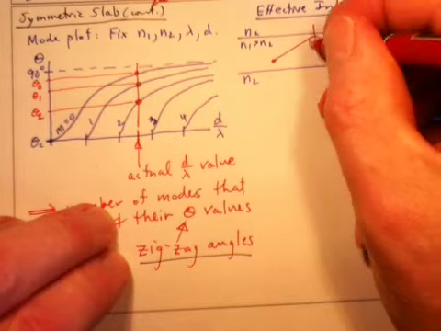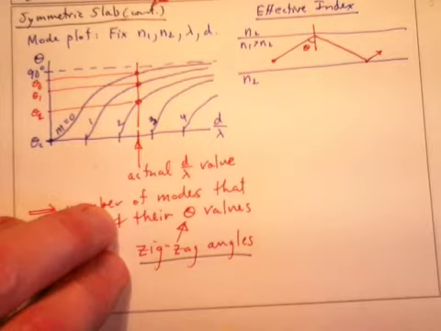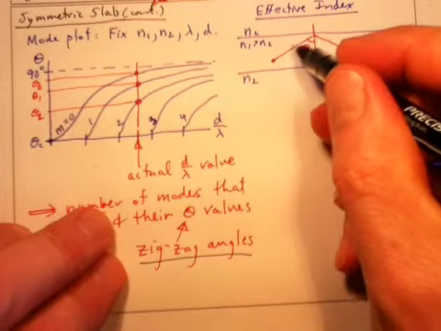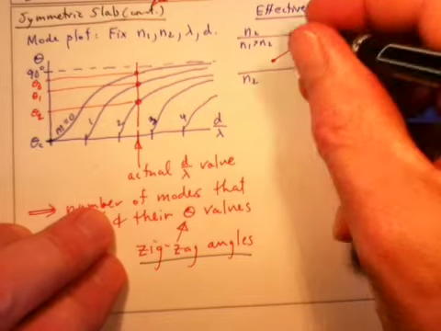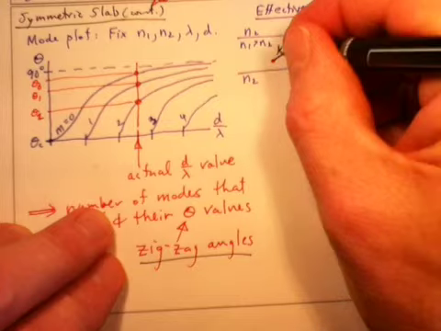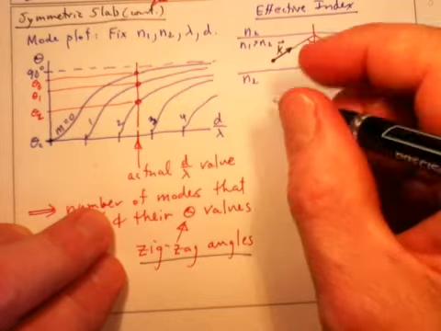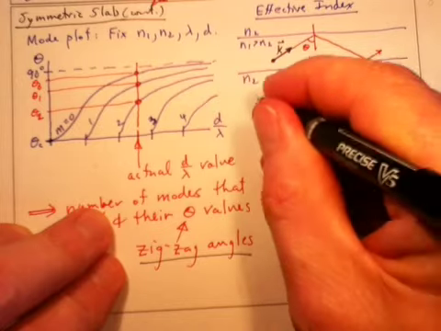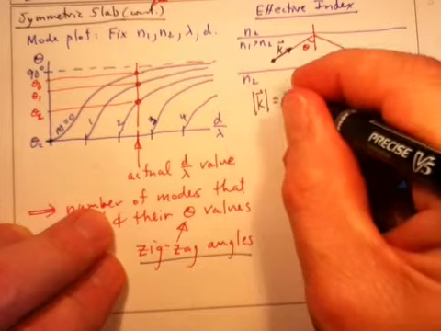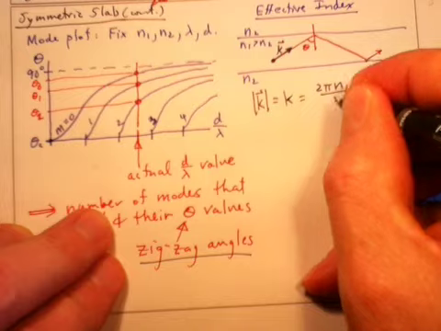I'm going to suppose now that this direction is the direction of a propagation vector k, and that the k vector has a magnitude equal to 2 pi n1 over lambda, where lambda is the free space wavelength.